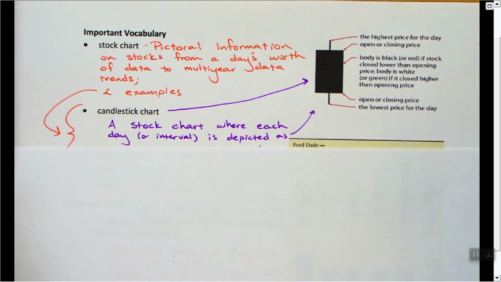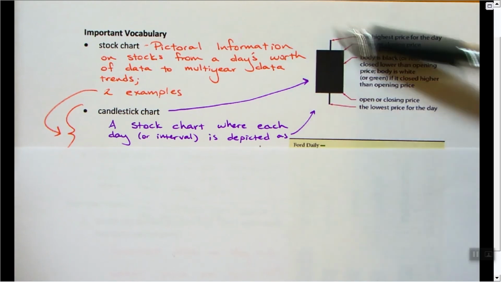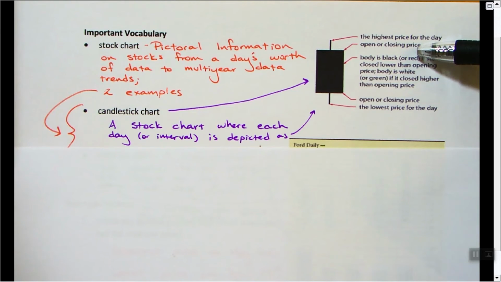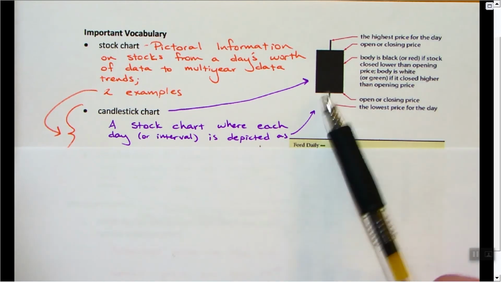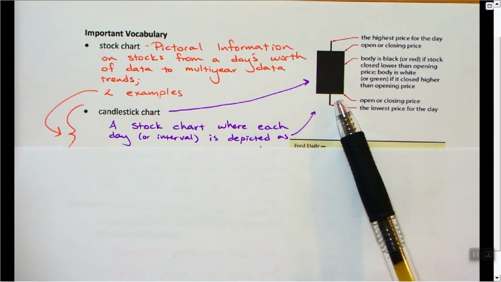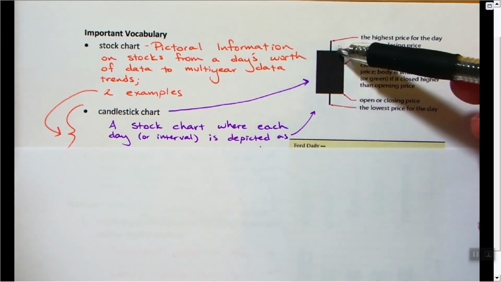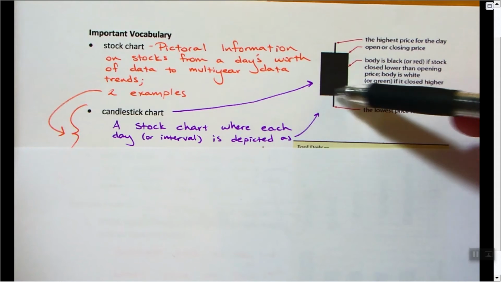Okay, now the entire candlestick can be either black or red if that stock lost money that day. Okay, so if it's black or red, that means it's a deficit. So this value up here would be the opening price, and this down here would be the closing price.